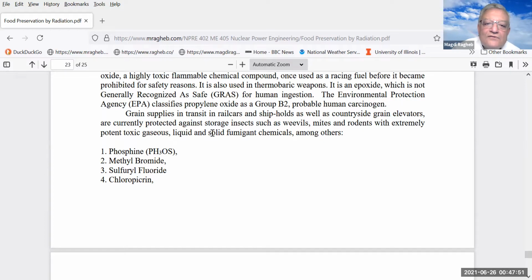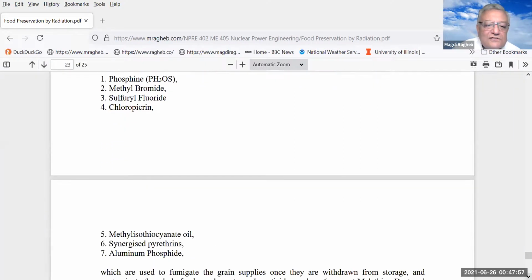The fumigants are solid chemicals. And if you go to the internet and do your own research, these are some of the materials that are used to fumigate. Fumigate comes from fumes, from the French fumée. Those solid compounds basically release gases to kill the bacteria and insects in the stored grain.